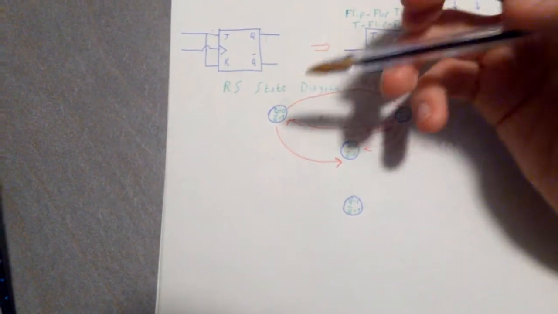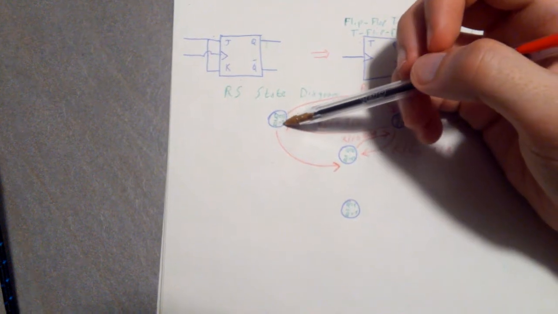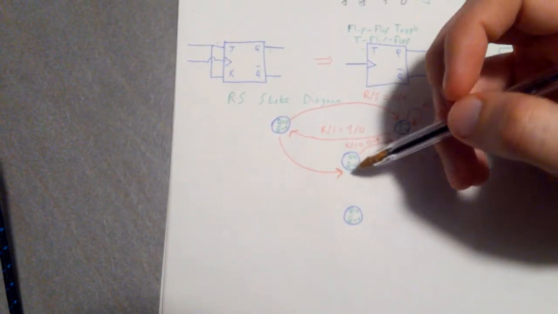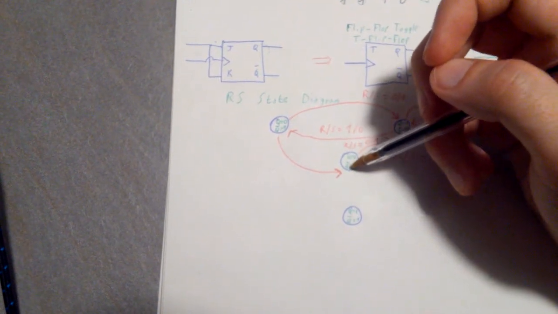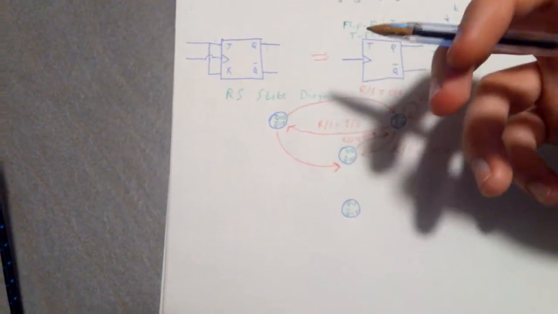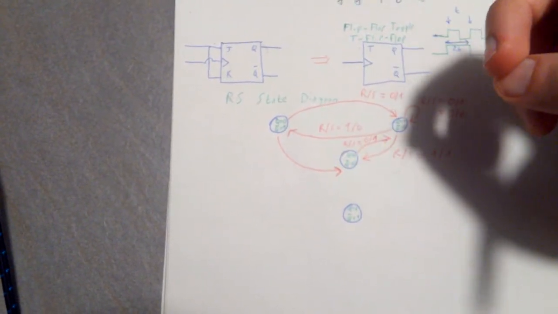So again, if we are here in this state where Q is equal to 0 and Q naught is equal to 1, and we go to this state, which is the invalid state, with Q equal to 0 and Q naught equal to 0, as I said, it's an invalid state because they cannot both be 0.